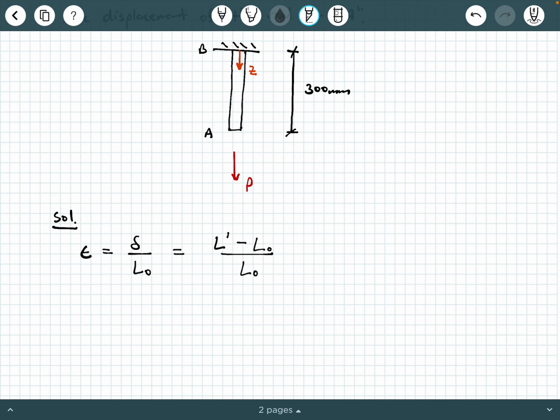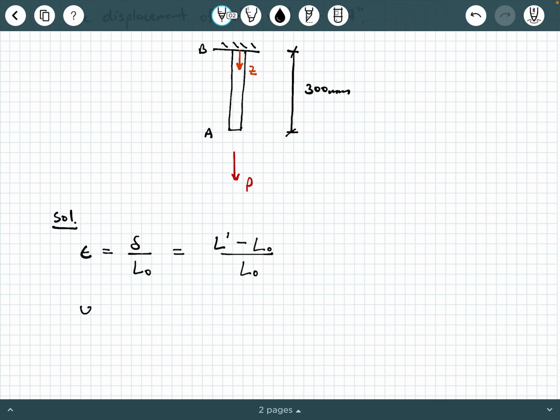But again, we have a function here. Epsilon is a function. It's not just a constant like we saw in our other example. Because of that, we need to use the differential form of the definition of strain.